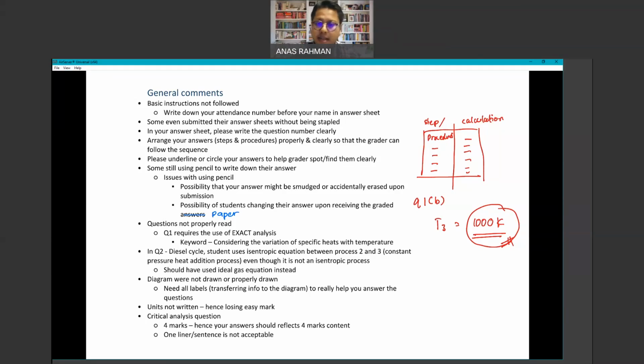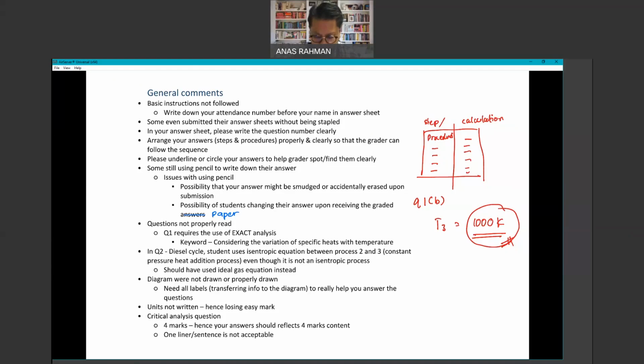That's the first one, and that's a very, very valid reason. And the second reason is that there is also a possibility of students changing their answers upon receiving the graded paper. And this has happened before. So please make sure you use pen when answering your final exam or any other test. Okay.